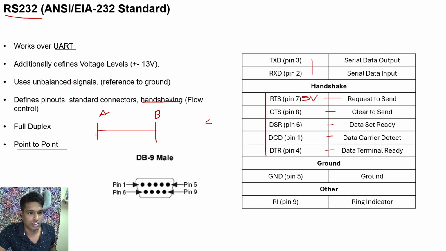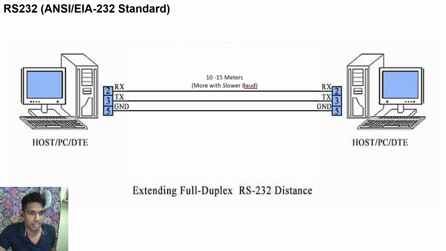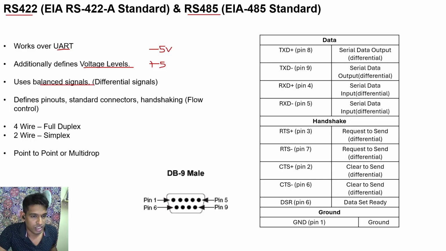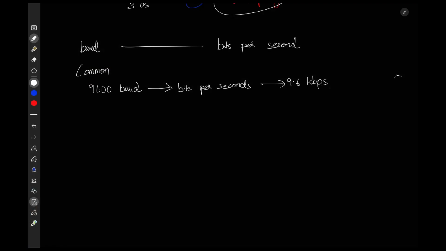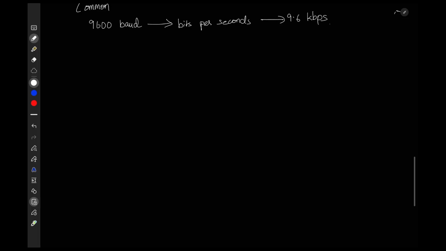In this slide I did not explain what is an unbalanced signal and a balanced signal, so now I would like to explain. An unbalanced signal is always referred to the ground. For example, this is a TX line and this is the ground line. The ground will always be at 0 volt, and the TX voltage that you will be measuring is with reference to the ground.